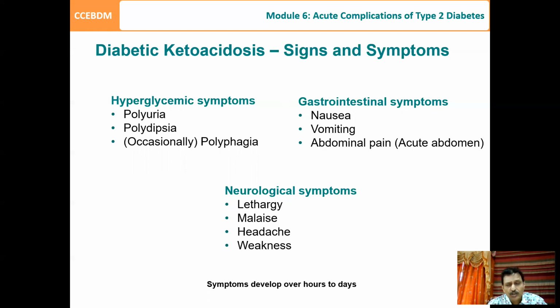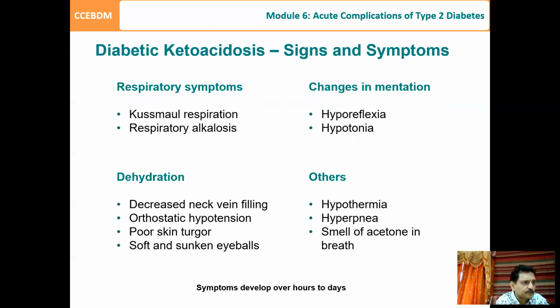So it does not mean all the patients will have neurological symptoms. The patient can have only hyperglycemic symptoms or gastrointestinal symptoms, or a combination of the two. When the patient comes with neurological symptoms, for example drowsiness, stupor or coma, it means we are dealing with a very severe case of diabetic ketoacidosis.